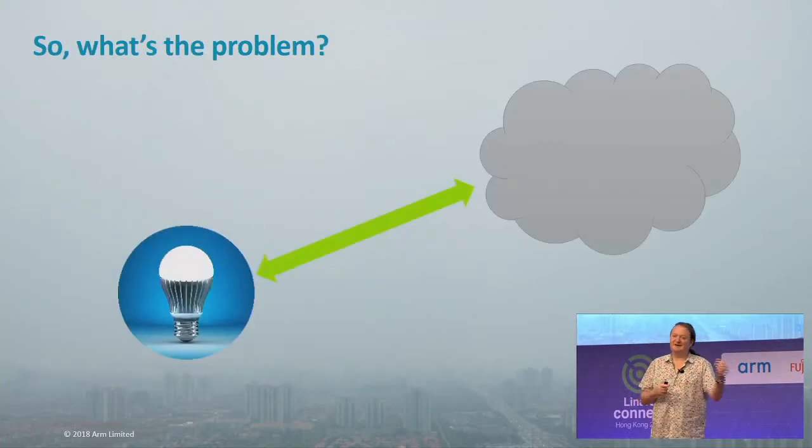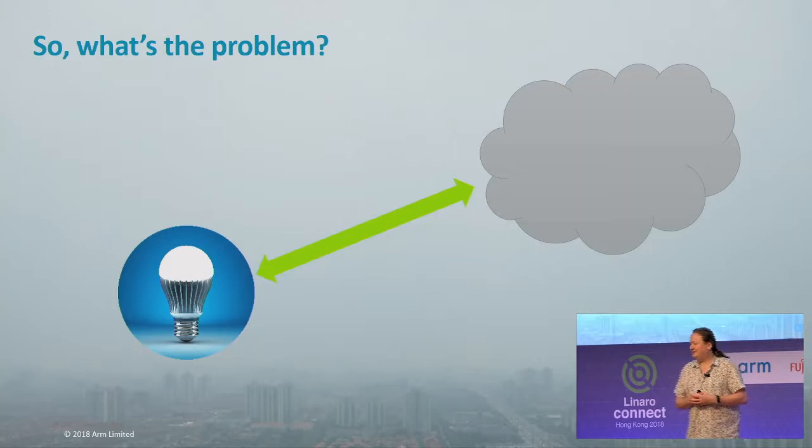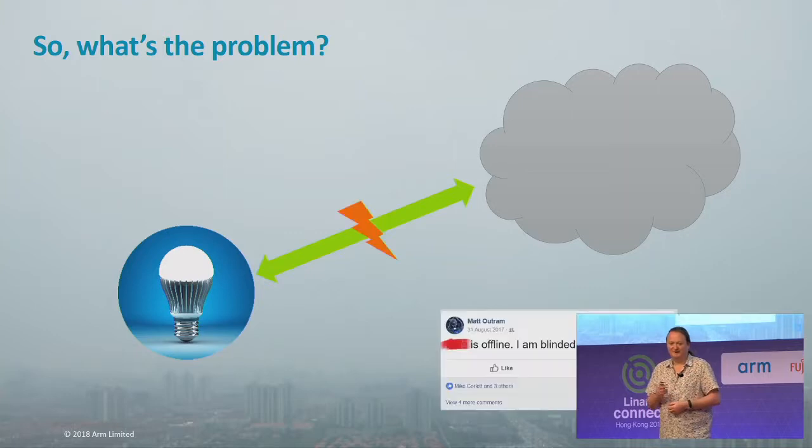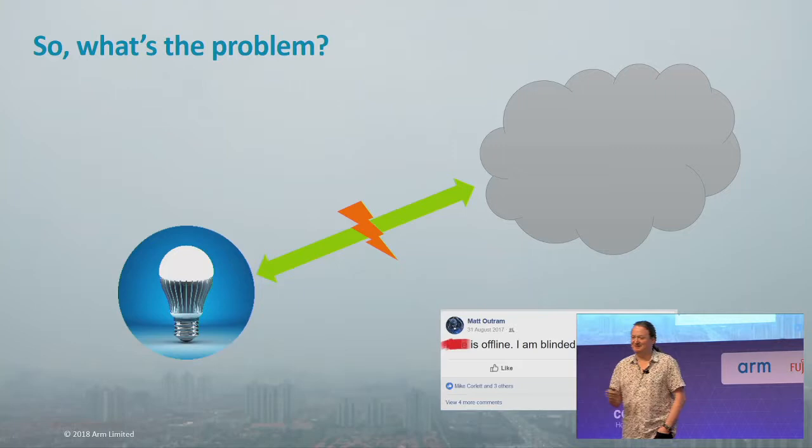So why isn't the endpoint to the cloud necessarily the right answer? Well, think of the smart light bulb. It's great when everything's working. But this is an example from Facebook I got from one of my friends back in the Symbian days. There you go, I got to say Symbian on stage again at another Linaro Connect.